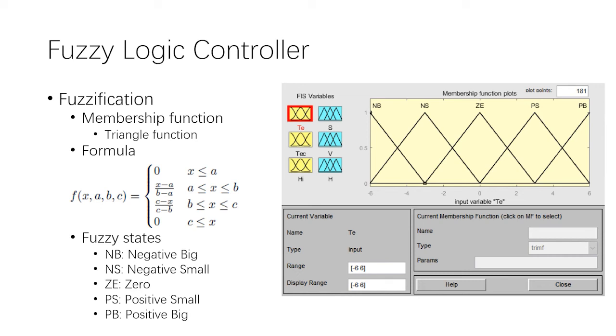And we set 5 fuzzy states in the triangle function: negative big, negative small, 0, positive small, and positive big. And this figure is the fuzzification setting in MATLAB.